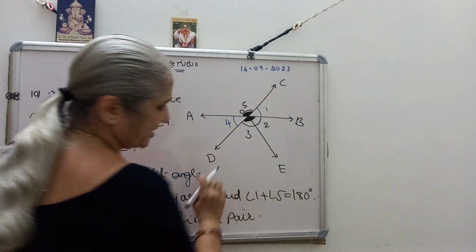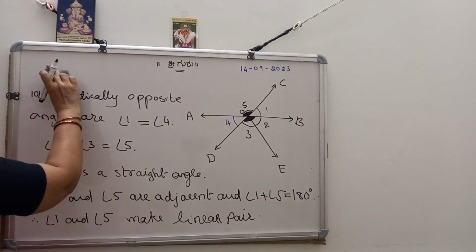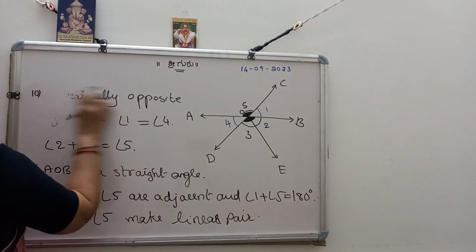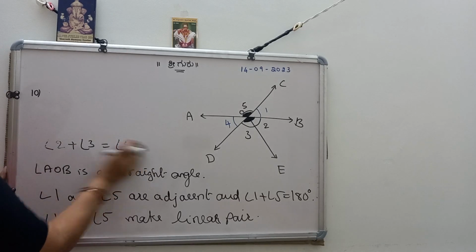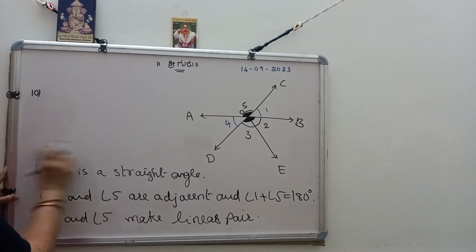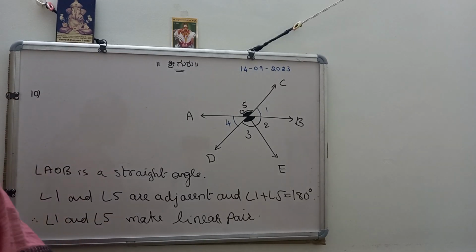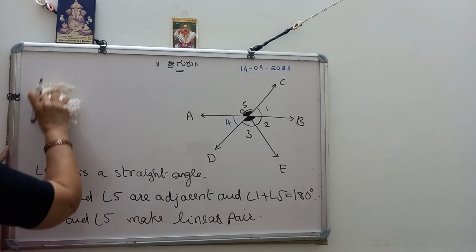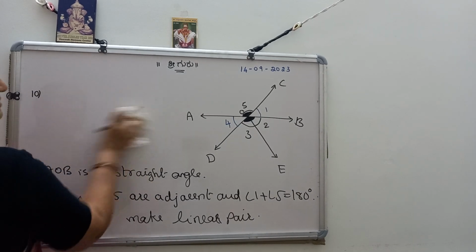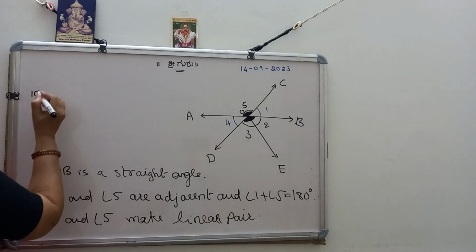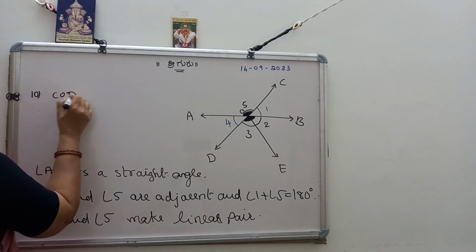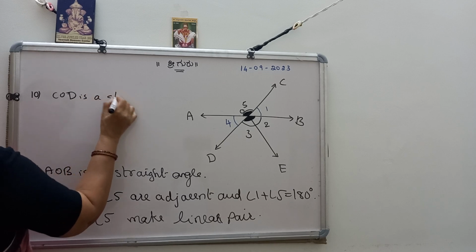Because COD is a straight line, angle 4 and angle 5, COD is a straight angle.